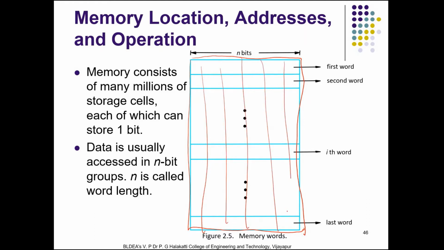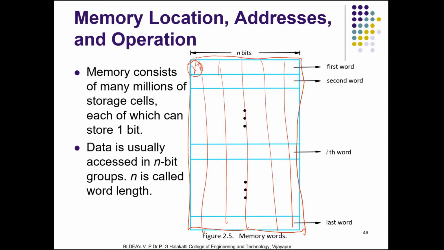So it will consist of many storage cells. If this is one storage cell, it is capable of storing either a 1 or a 0, which we call a bit.